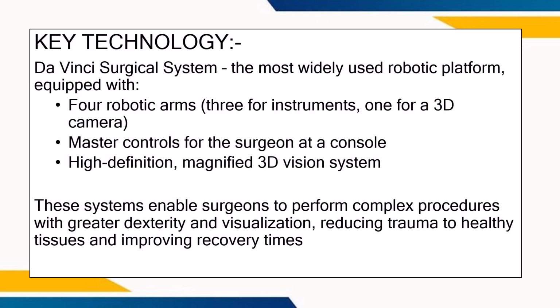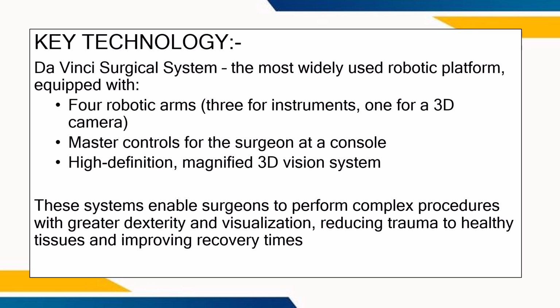Let's talk about the key technologies used in RAS. The Da Vinci surgical system, the most widely used robotic platform, is used in this robotic approach. It is equipped with four robotic arms, three for instruments and one for a 3D camera, master controls for the surgeon at a console, and high definition magnified 3D vision systems.